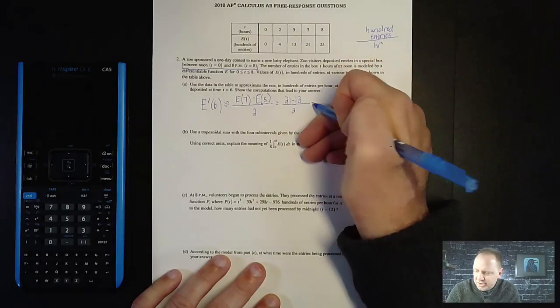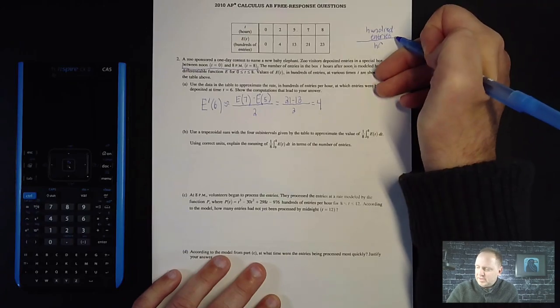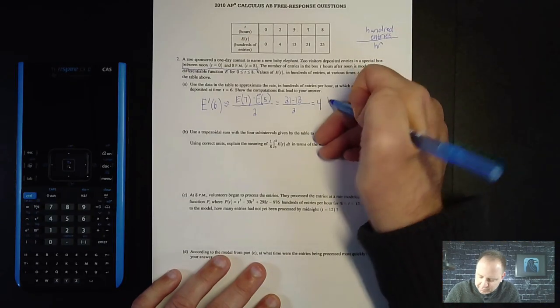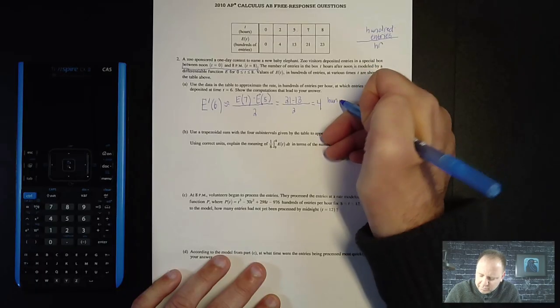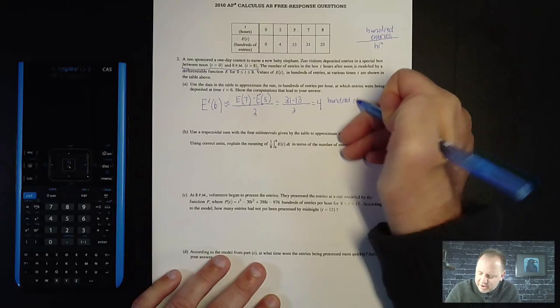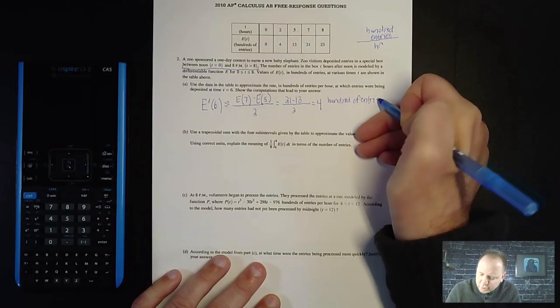That would be 8 over 2, which would give me 4. And that would just be 100 of entries per hour.